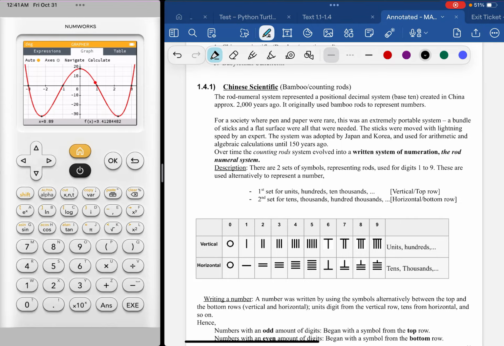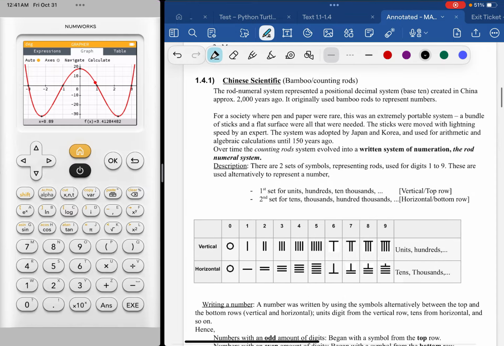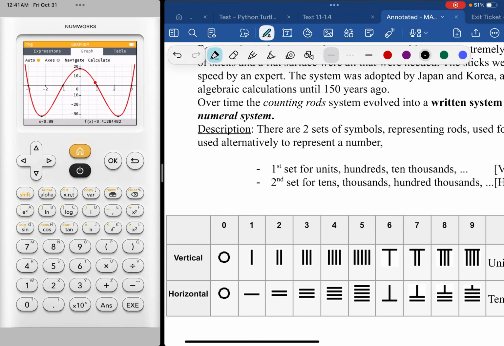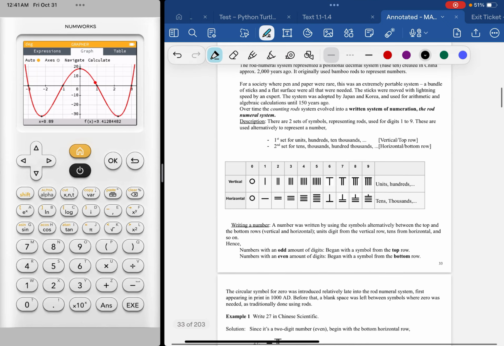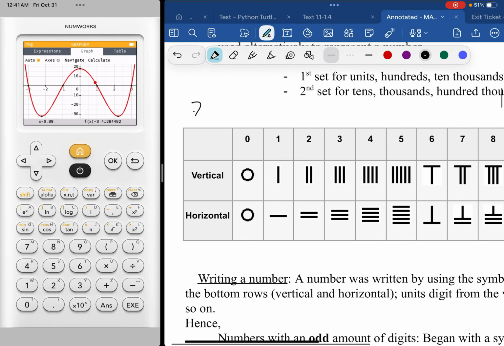In terms of place values, let's say, for example, I use that same number, 7,803. We have a thousands place, a hundreds place, a tens place, and a ones place.